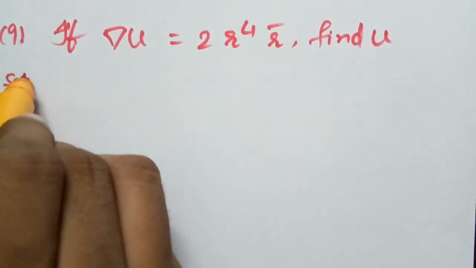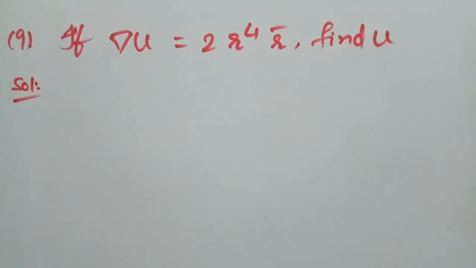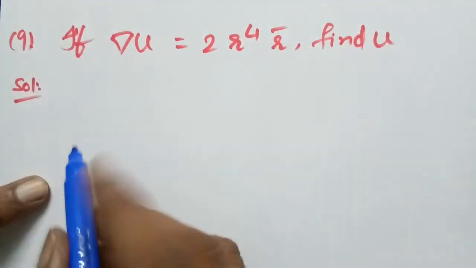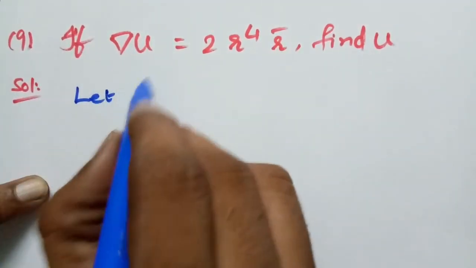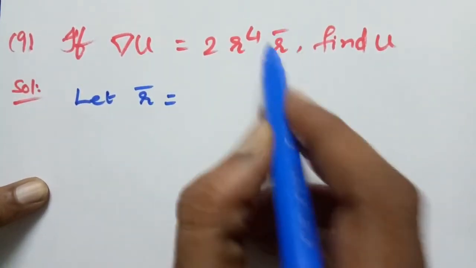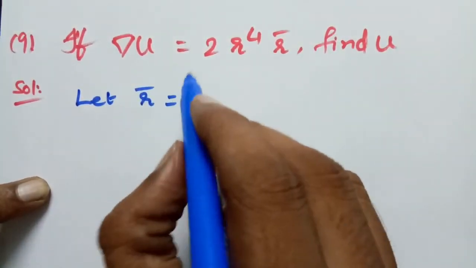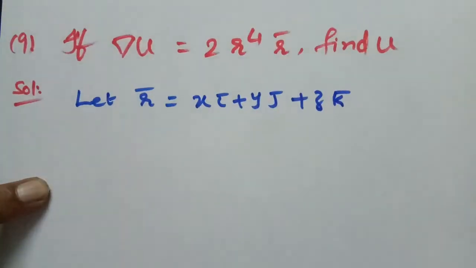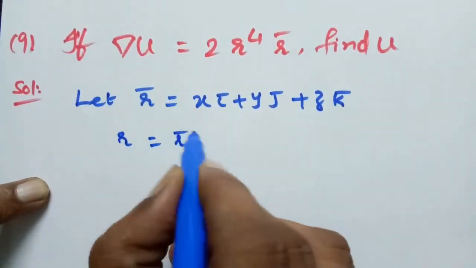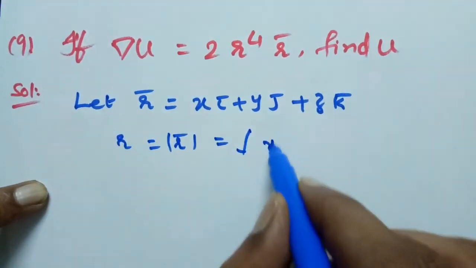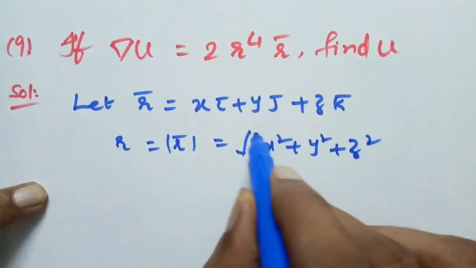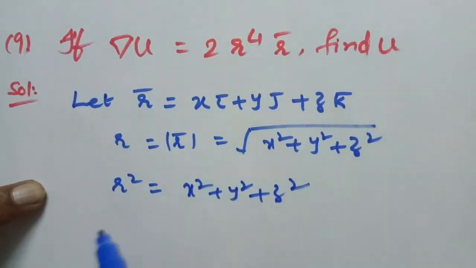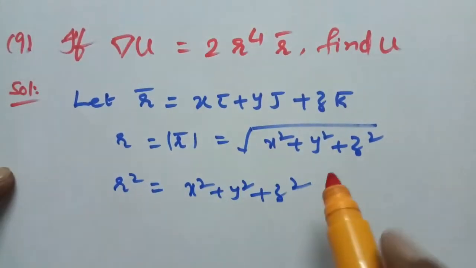Therefore, first let r bar, sometimes given as capital thick R, be equal to x i bar plus y j bar plus z k bar. Therefore, modulus of r is denoted by r, square root of x square plus y square plus z square. Therefore, r square is equal to x square plus y square plus z square, squaring on both sides. Say this is equation number 1.